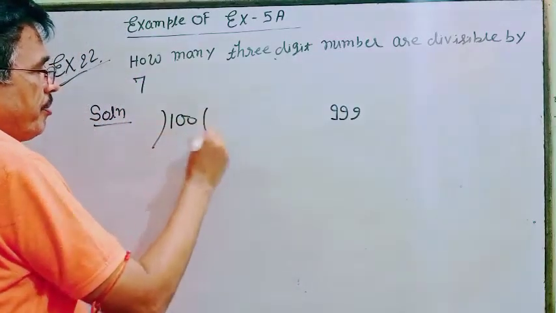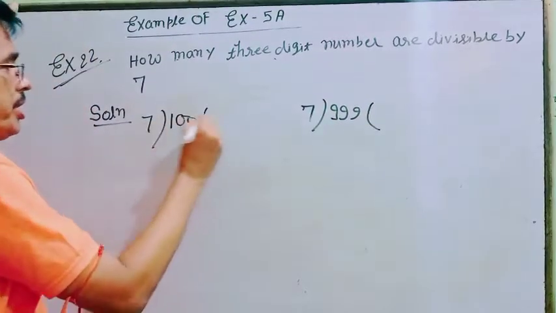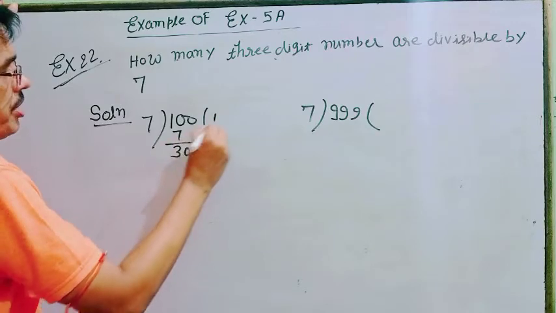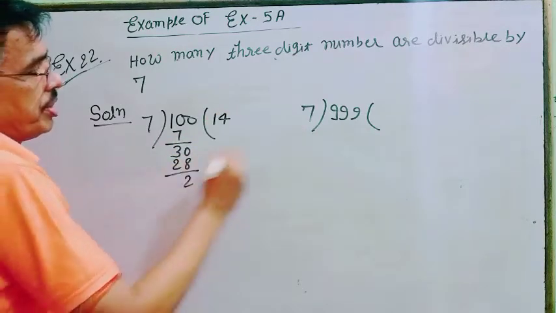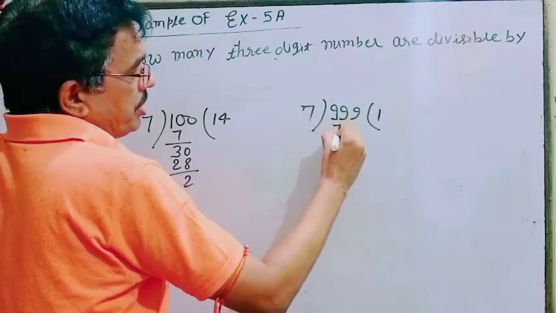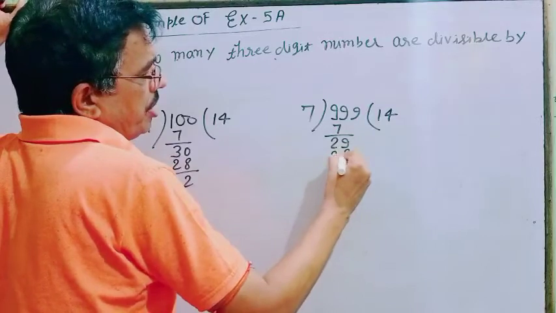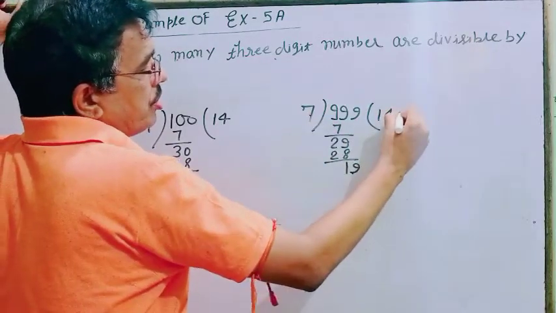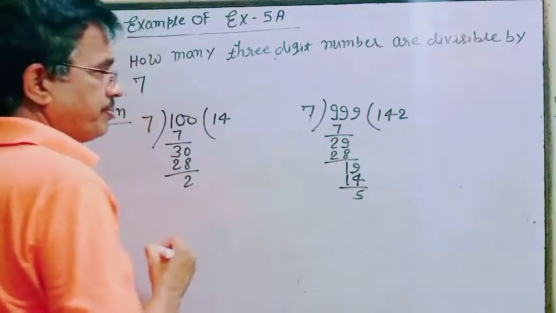Now divide 100 by 7 and 999 by 7. What do you get? 7 1s are 7, 3 and 0, 7 4s are 28, you get remainder 2. For 999, 7 1s are 7, 29, 7 4s are 28, then 19, 7 2s are 14, then remainder 5.